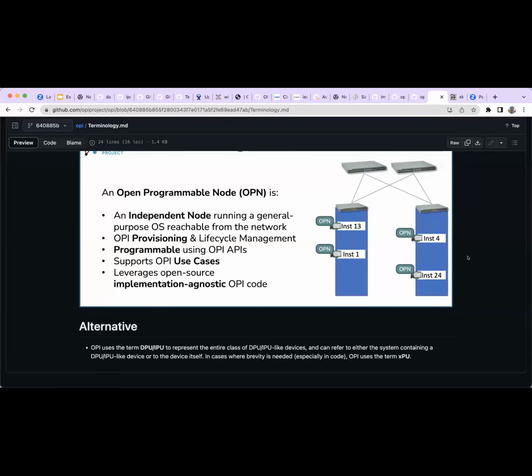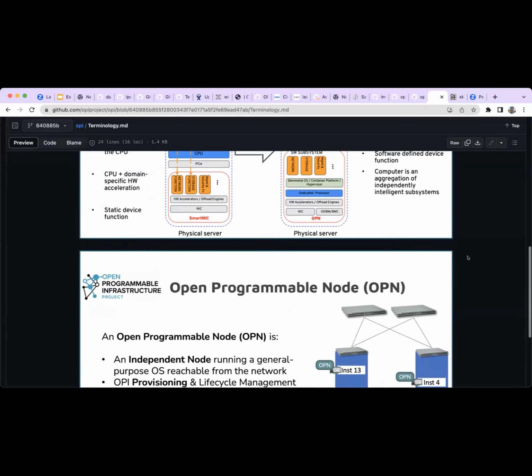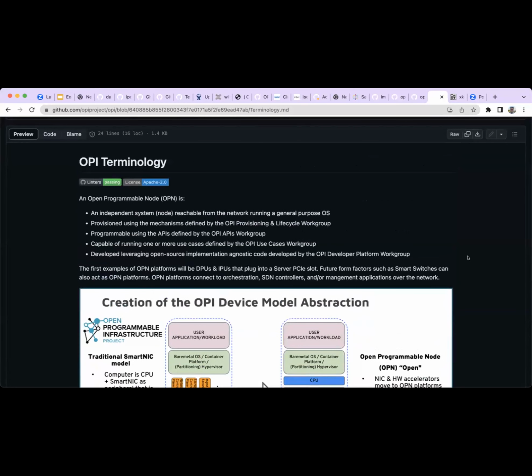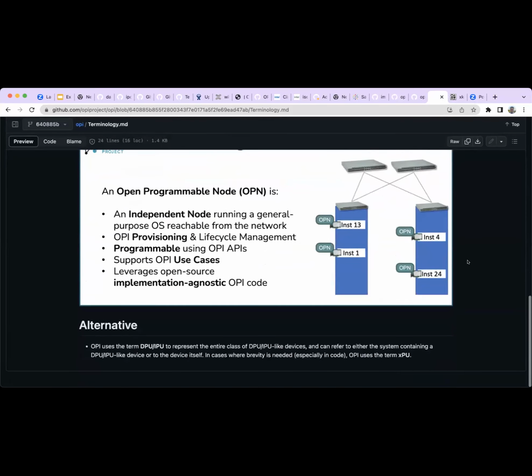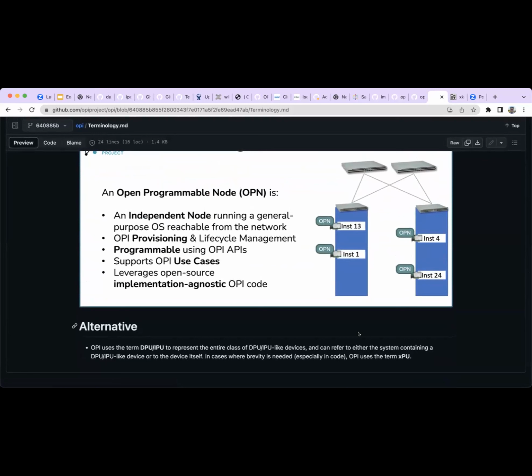So some background. I wrote a proposal about sort of shifting the conversation to a node or a system as opposed to a chip. But in the pull request comments, I think Joe brought up an alternative that I think I'd want to start with first. And because it's so concise, the idea is that we would continue to use DPU, IPU in our documentation, in our code, whatever.